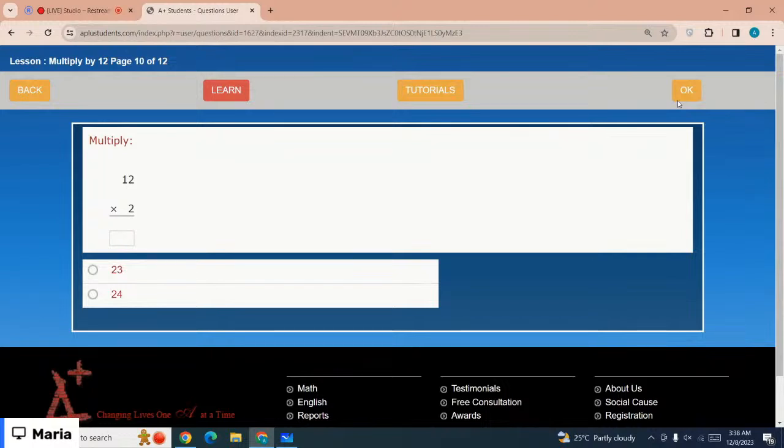Oh, yes, 12 times 2 is... very good. The correct option is 24. 12 times 2 equals 24.